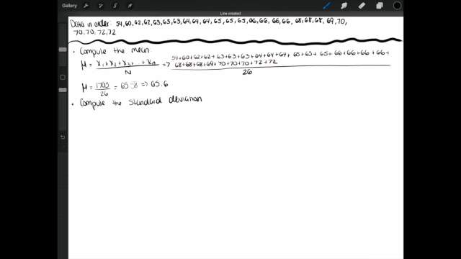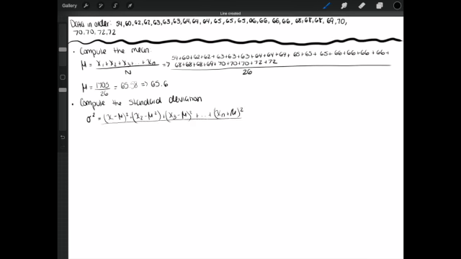We are going to compute the standard deviation using the population standard deviation formula. But before we calculate the standard deviation, we have to calculate the population variance first, which equals our first value minus the population mean squared, plus our second value minus the population mean squared, plus our third value minus the population mean squared, and so on, as you can see.